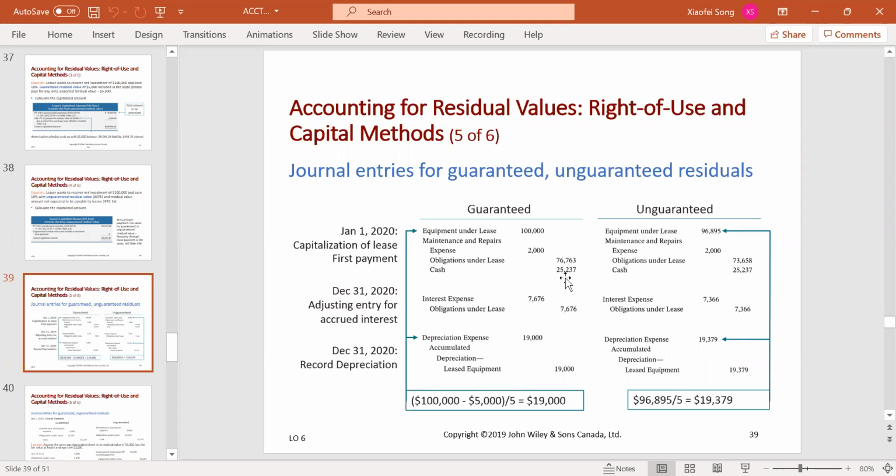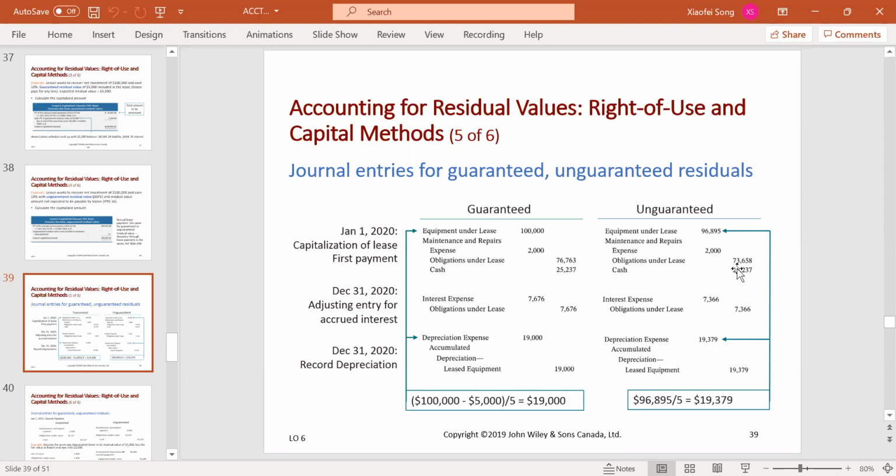So we'll put it here. You see, this is 25. We add 2,000 here, and subtract the amount paid. So the capitalized amount is 76,763. If the residual value is not guaranteed, the amount to be capitalized is 96,895, with the present value of the residual value not included.